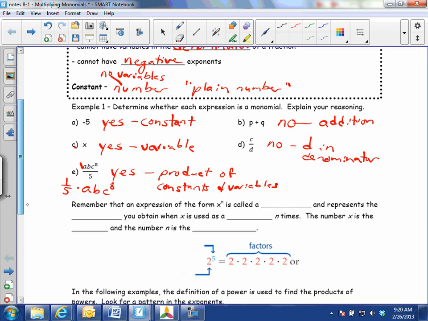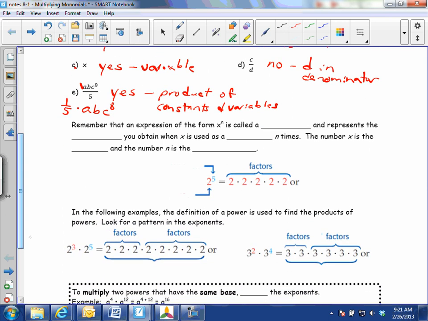Awesome. Okay. So it says, remember the expression in this form, x to the n, is called a power. We talked about that way at the beginning of the year, I believe. And it represents the result that you get when x is used as a factor n number of times. Lots of vocabulary in there. So x is called the base.